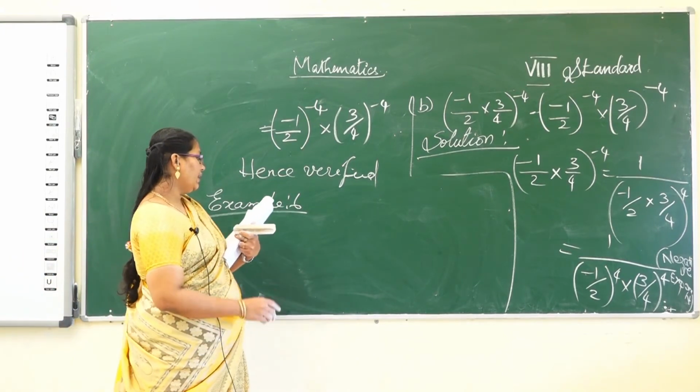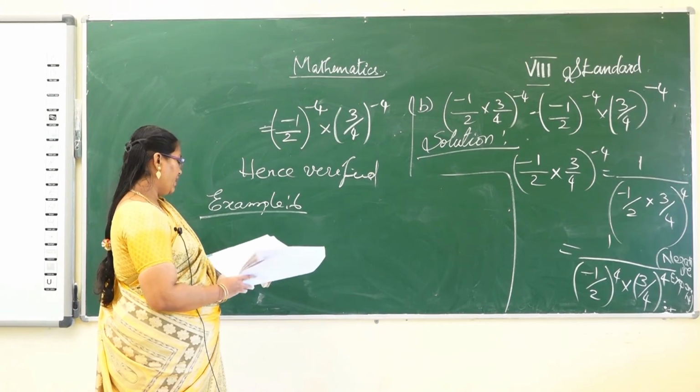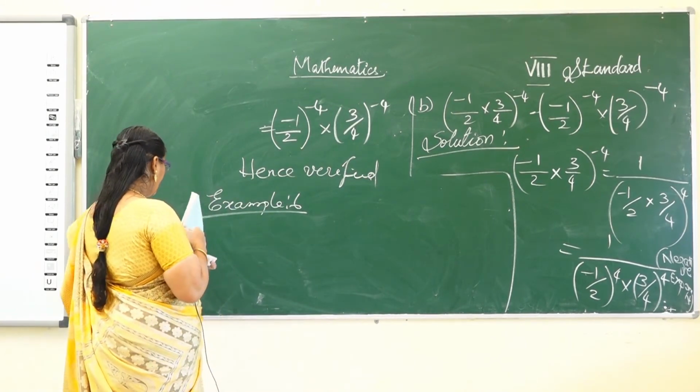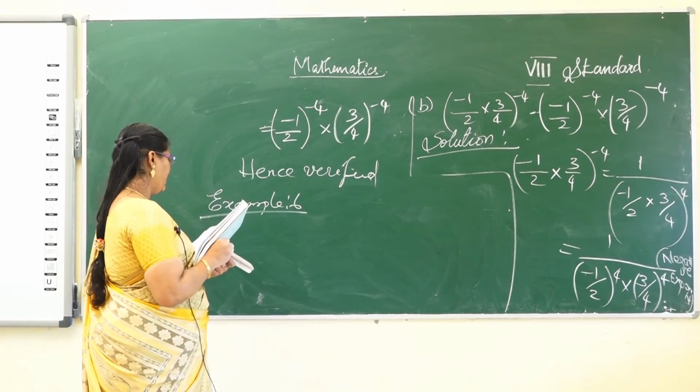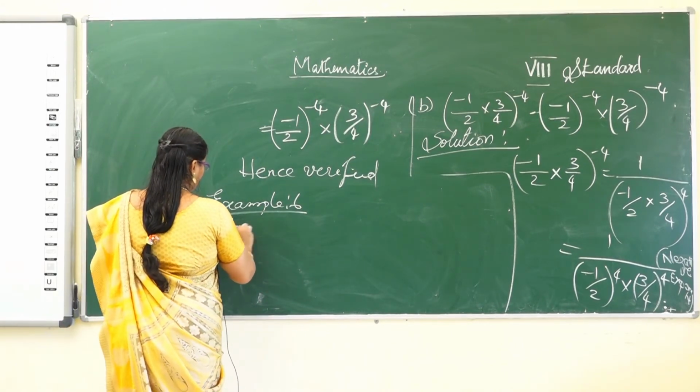If 2 by 3 is divided by x, so one fraction divided by x, then the quotient is (2 by 3) the whole power minus 5. What is the value of x? So what is given?